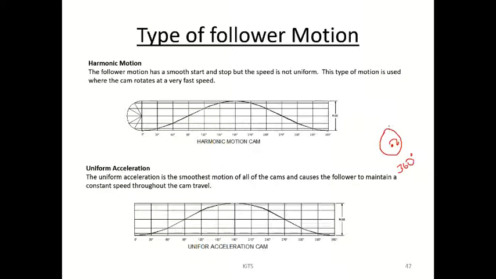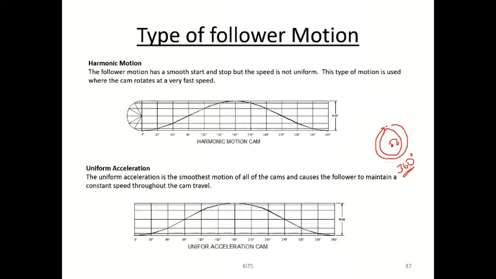Consider this as the initial position. It is rotating like this, and it comes back to its original position. So how many degrees has it traveled? It has traveled 360 degrees.